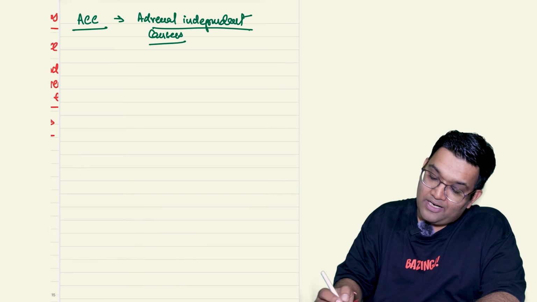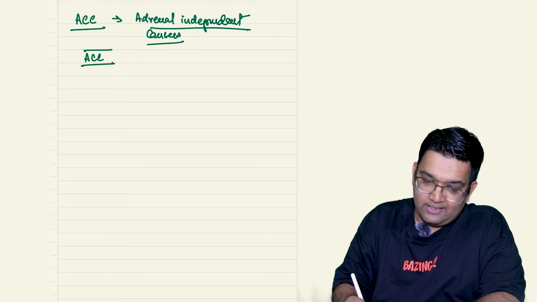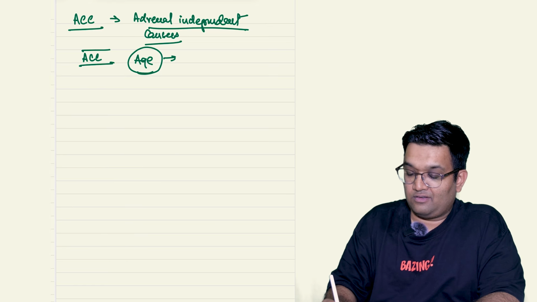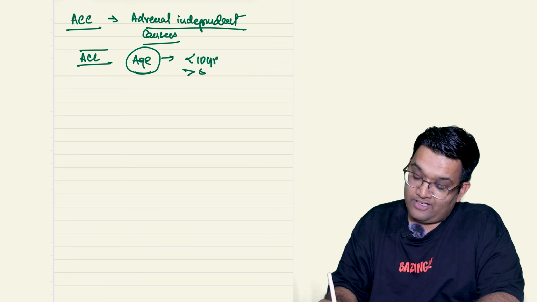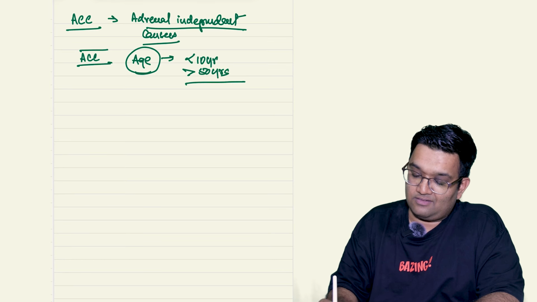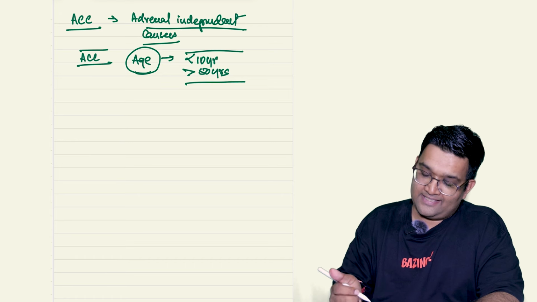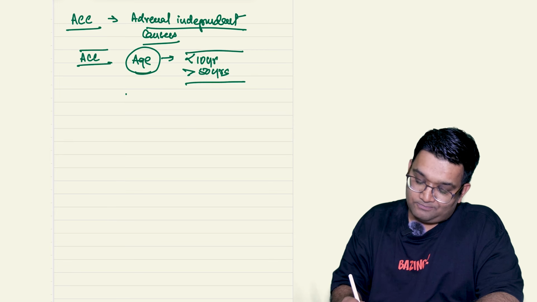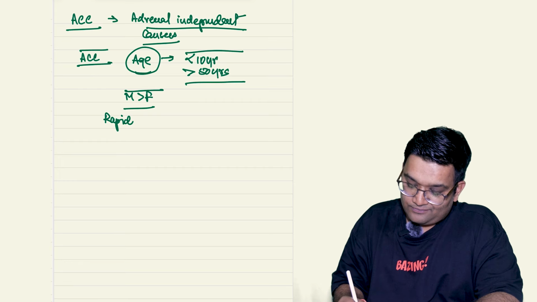So ACTH independent cause, the prototype example is adrenocortical carcinoma. Here the age is going to be of very grave importance, less than 10 years or more than 50 years. There is a bimodal incidence in certain age groups. Secondly, there is going to be male preponderance here. There is going to be a rapidity of onset.